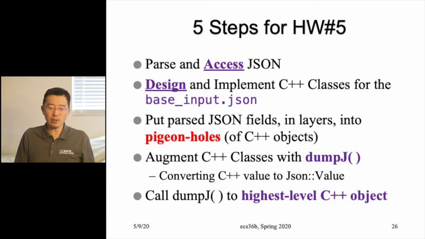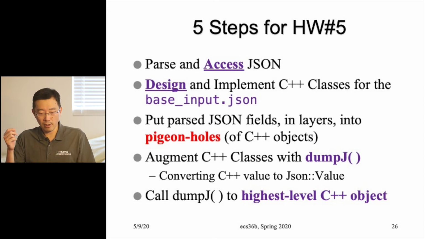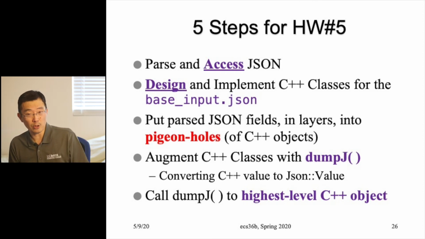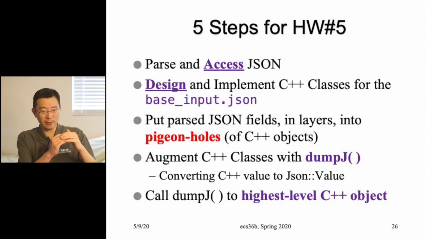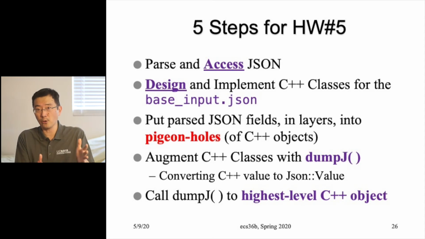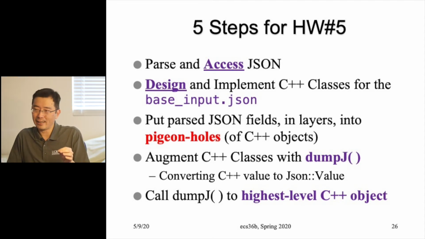Okay, after you're done with number 1, 2, 3, 4, you augment every single class with a dumpj function. And all you need to do for homework assignment number 5 is just call the dumpj at the highest level C++ object, which is the post itself. Because the input JSON is actually being stored as a post, and the post object is going to connect to all other objects, like a reaction object, comment object, and other things.